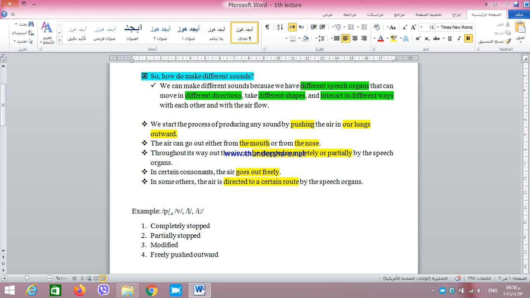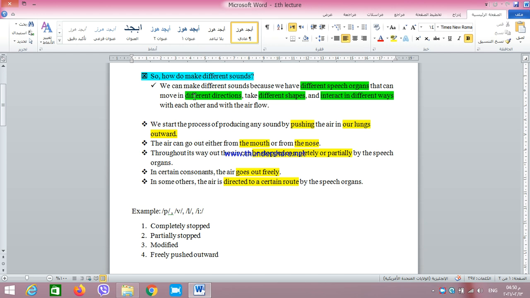So these speech organs, like the lips, the teeth, the tongue, the roof of the mouth, the soft palate, the larynx, the vocal cords, all of these speech organs are different. We don't have one speech organ or two, we have more. And these speech organs move in different directions.